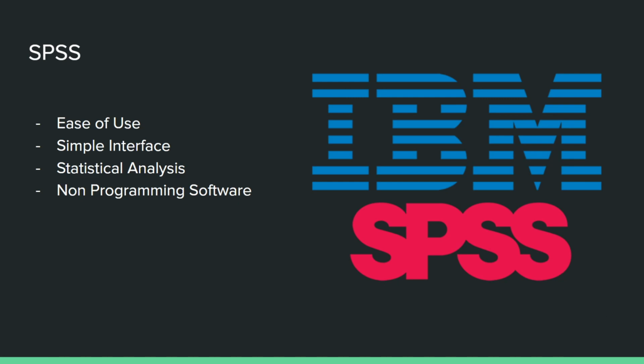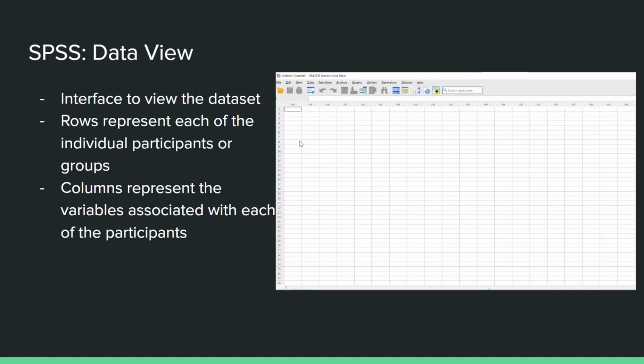So there are two main parts to the interface of SPSS. One is the data view. The data view is where we see the information that our data set is based on, where each row represents an individual person or participant of a sample size, and the columns represent the variables with each person or group. So here we can see that each of these numbers would represent one individual person.